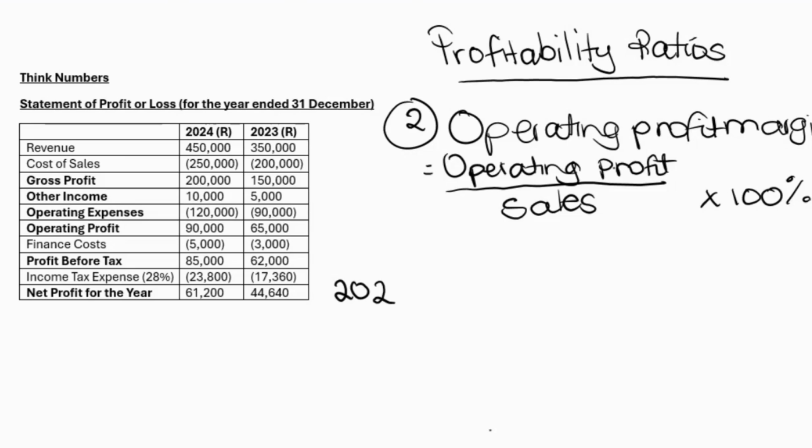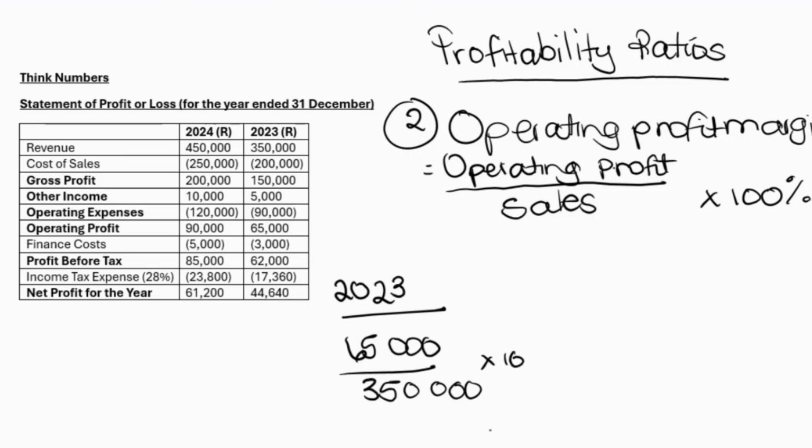So I'll start us off with 2023, where the operating profit for 2023 was 65,000, as given there. 65,000 divided by my sales once again, which was 350,000. Multiply that by 100%. Then our operating profit margin in 2023 was 18.57%.